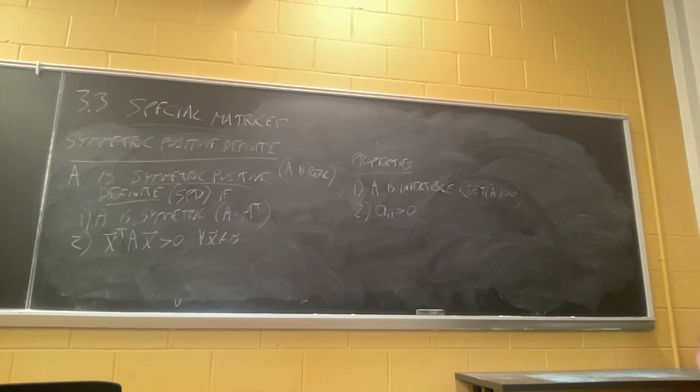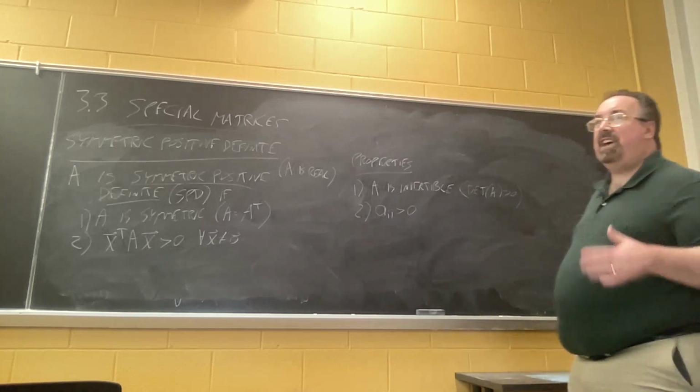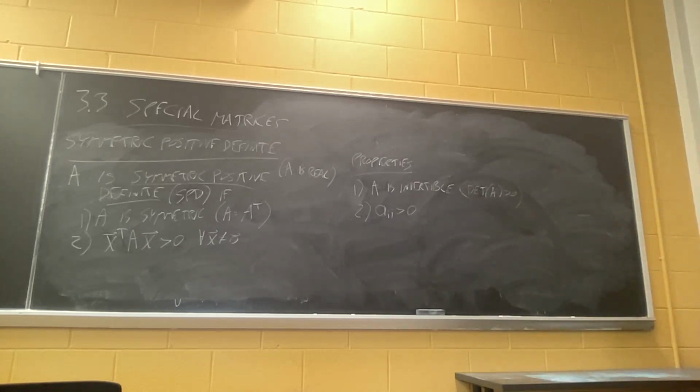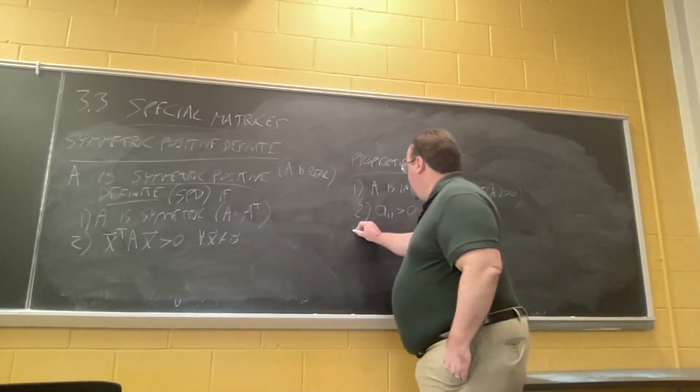You can have negative entries in an SPD matrix, but it just can't be on the diagonal. It's not always easy to tell just by looking if a matrix is SPD, but you can rule out being SPD if you see a negative diagonal entry.